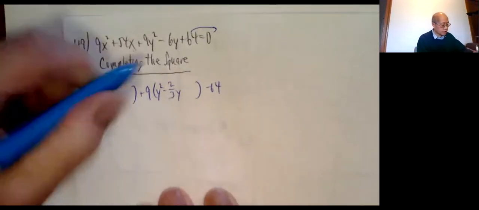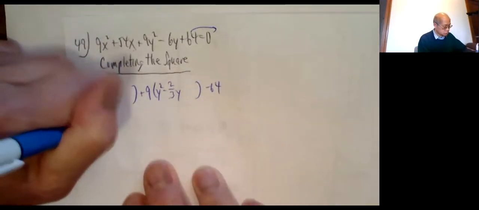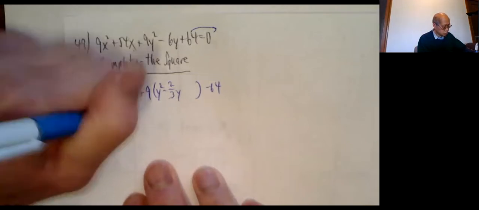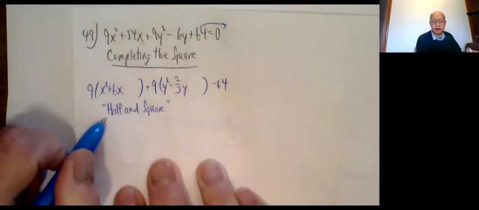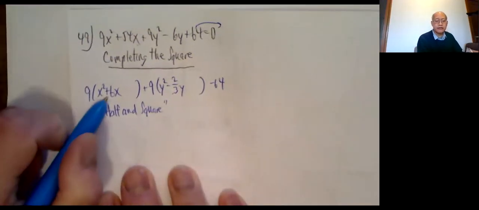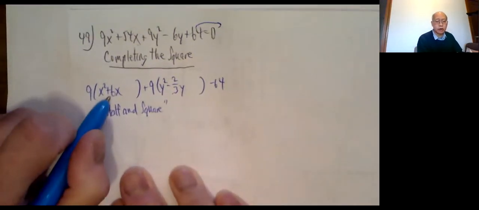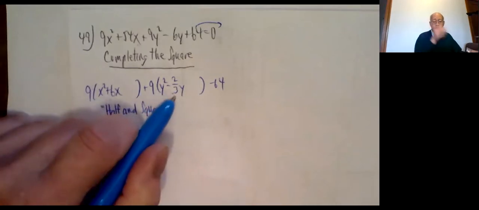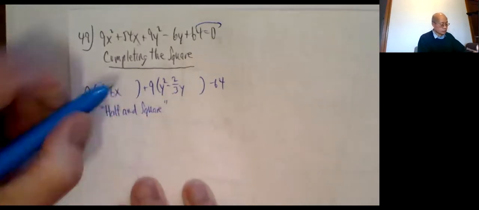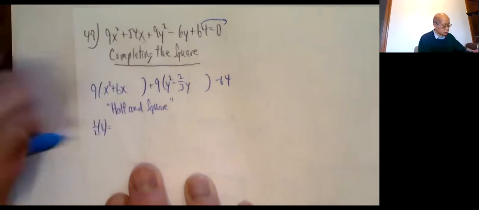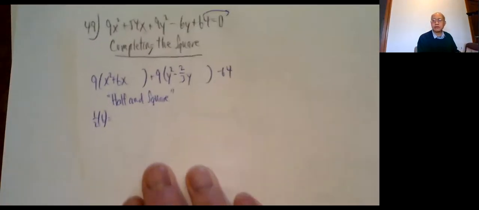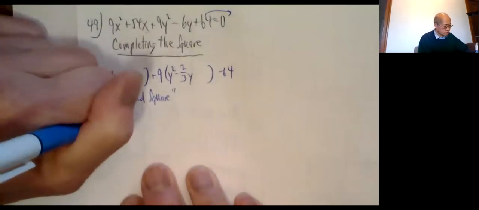Okay, now complete the square. Have to do something called half and square. Take half the coefficient of x and square it, half the coefficient of y and square it. Remember doing that in algebra? So I want half of 6. How much is half of 6? 3.